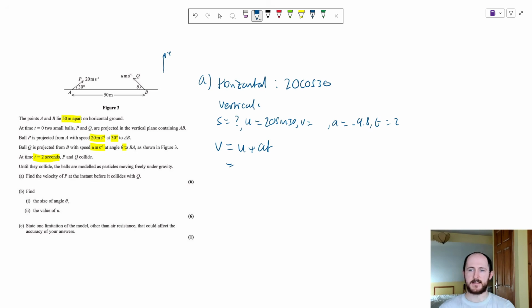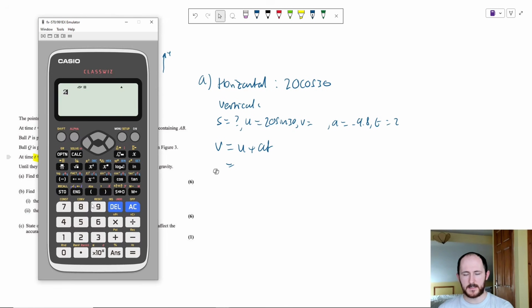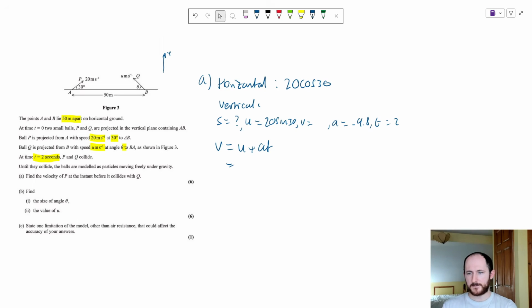Subbing in those values, let's see what we get. We get 20 sin 30 minus 2 times 9.8, because don't forget it's going to be negative. We know it's going to be negative. Minus 48 over 5. Oh, no, minus 9.6 is nice. Let's do that.